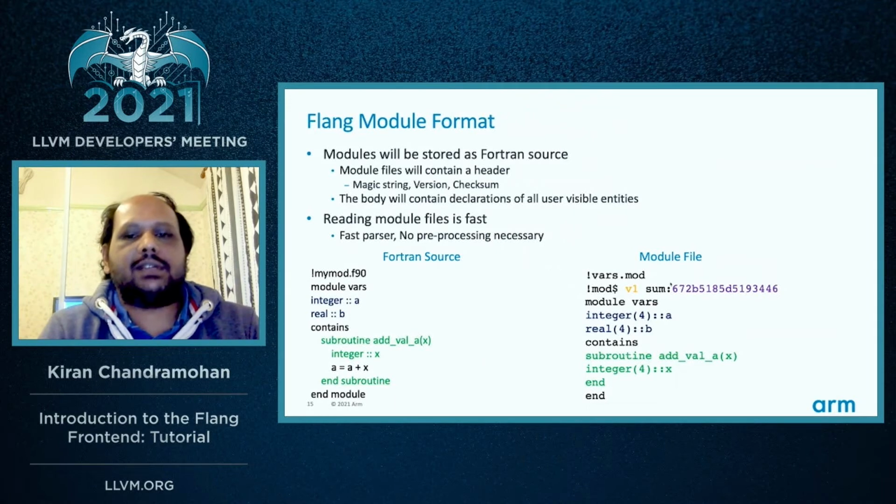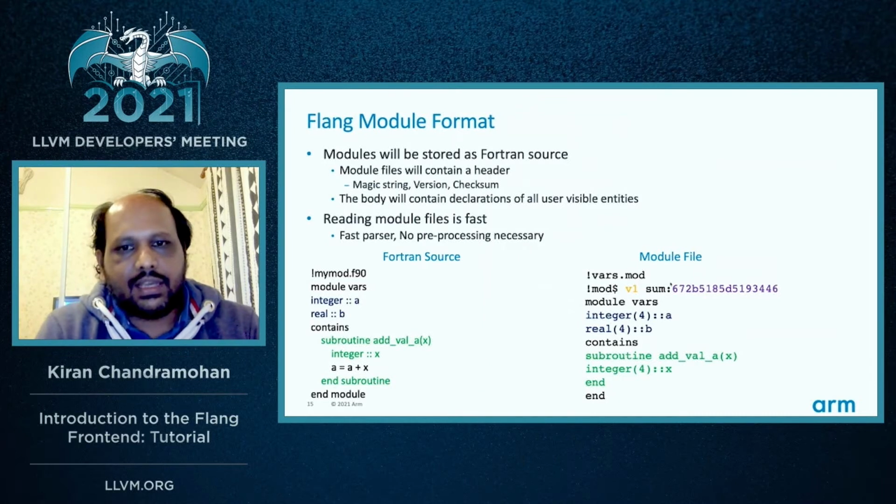In Flang, we store the source itself along with a header, and the header contains a magic string which denotes that it's a module file, a version number which matches the version of the module file, and also a checksum to ensure that the contents of the modules are not changed. The body of the module will contain all the declarations of both the variables as well as the functions or subroutines.